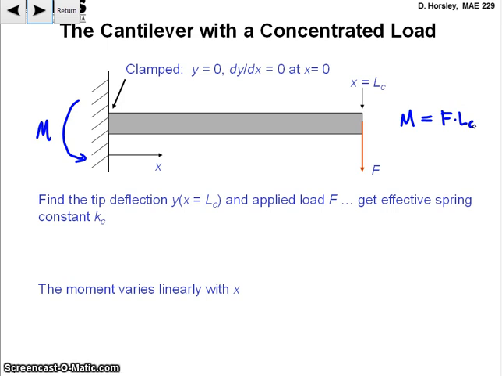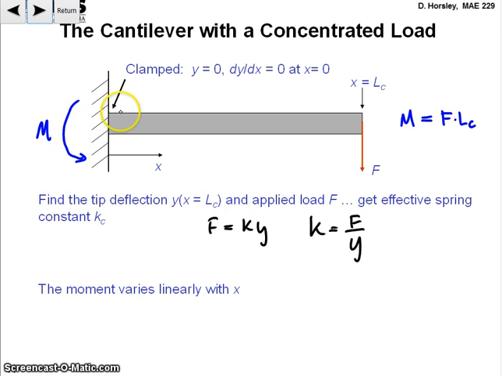Now what we want to do is find the spring constant. F is equal to K times the displacement. So the spring constant K is equal to force over displacement y. This is the bending moment at the base of the beam.